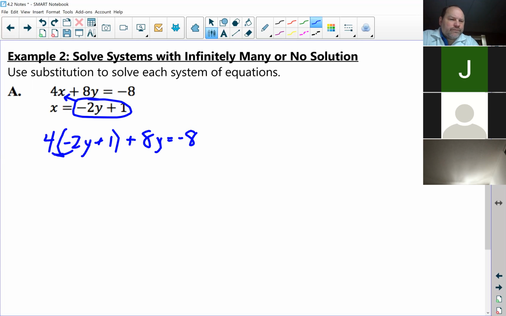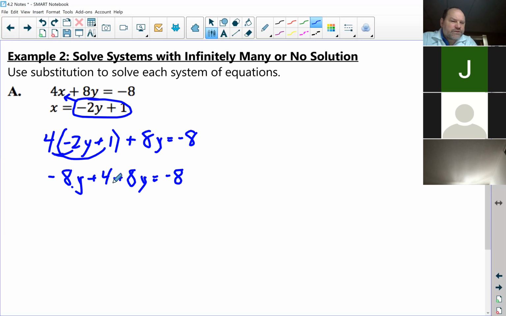Distribute the 4. So negative 8y plus 4 plus 8y equals negative 8.